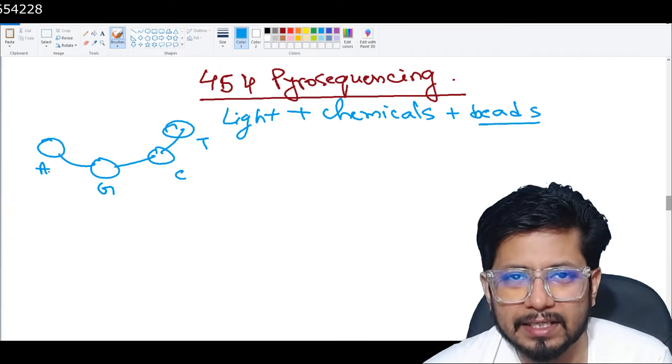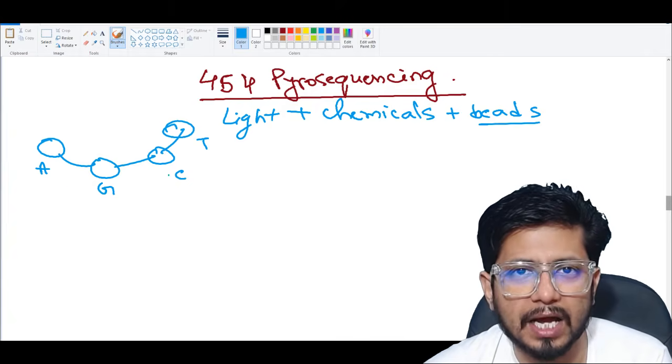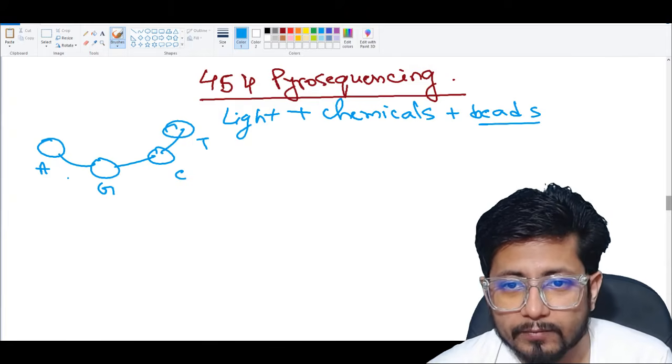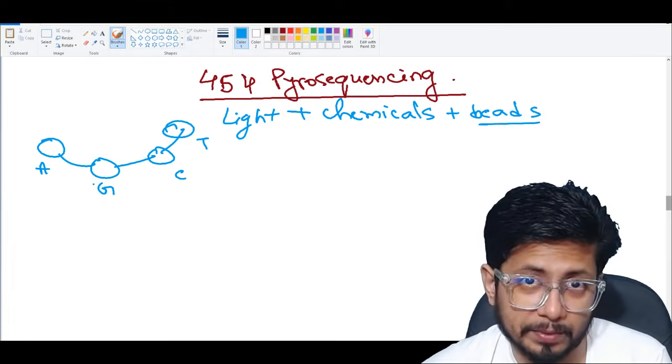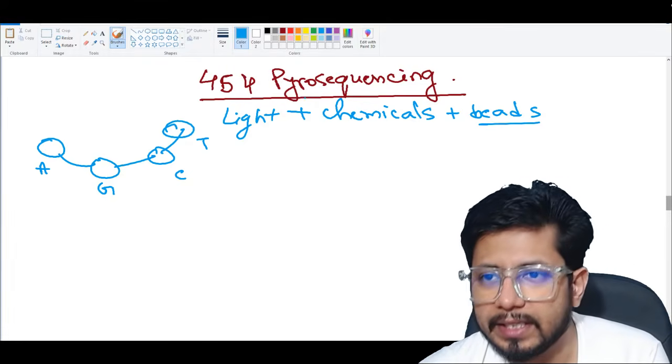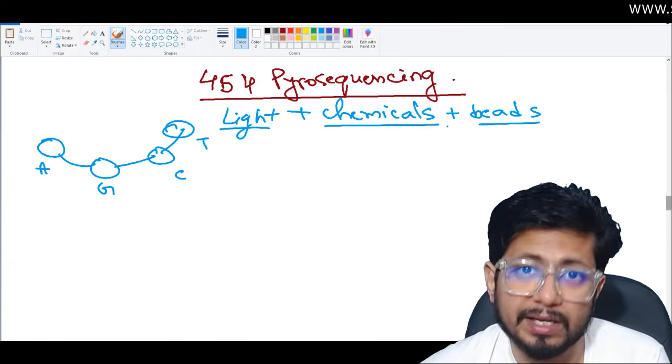And these are the letters of the DNA, and we need to know which letters are positioned after what and at what number. That is known as the sequence. That's what we need to understand, right? So in case of 454 sequencing, we'll be using light, we'll be using some chemicals, and we'll be using beads.